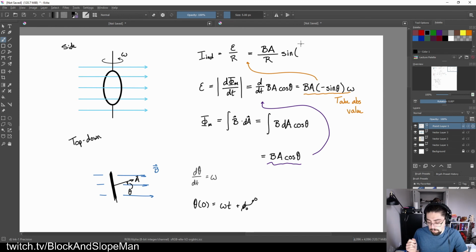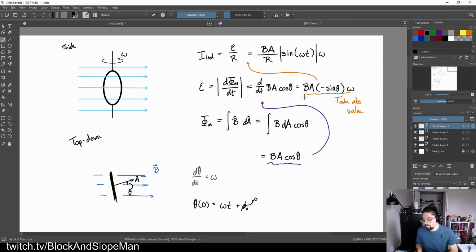So if I'm looking for simply the magnitude of the current at any given point, I really have to keep those absolute value signs around, because sine is going to go back and forth between 1 and negative 1 the entire time. And then we have the omega on the outside, which is just a positive value. That's a little bit of a trick here, and we do have to account for that.